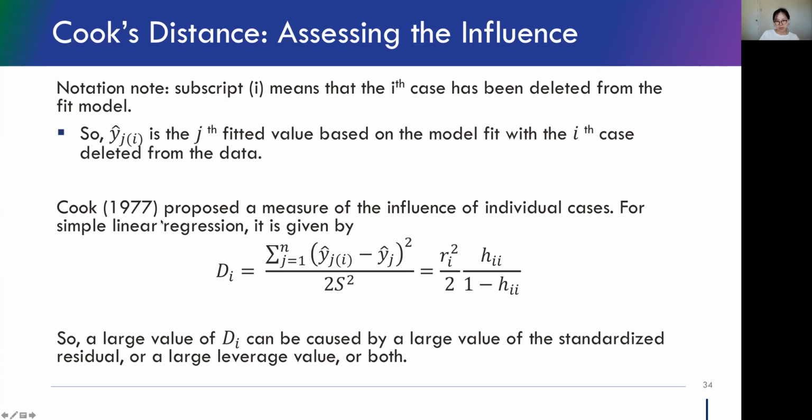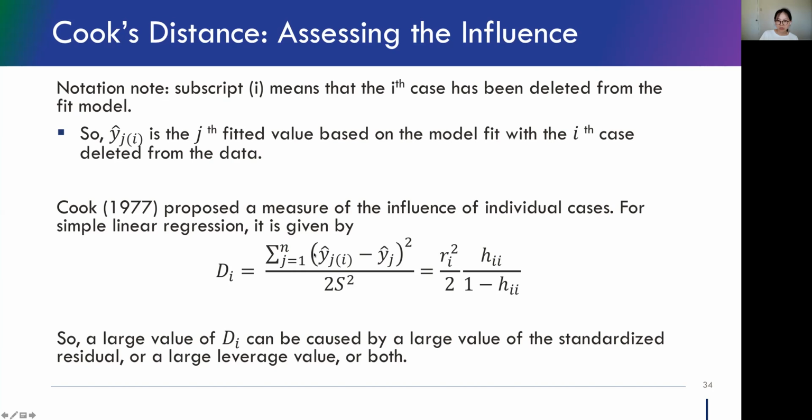Cook, this person, proposed a measure of the influence of individual data points for simple linear regression. This is defined by the sum over ŷ_j(i) minus ŷ_j. Well, this ŷ_j is just what we get normally when we fit the model and get the predicted value for the j-th data point. And this ŷ_j(i) is when we remove the i-th data point and fit the data to predict this ŷ_j.